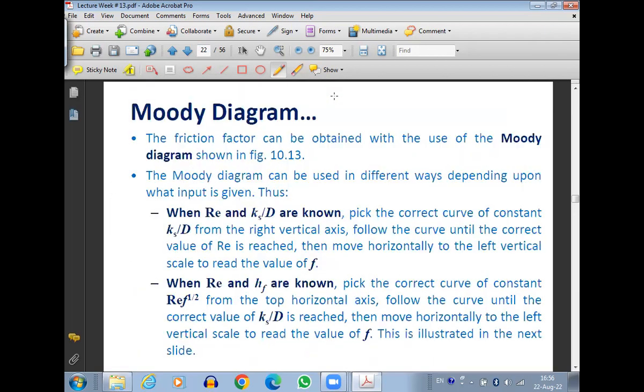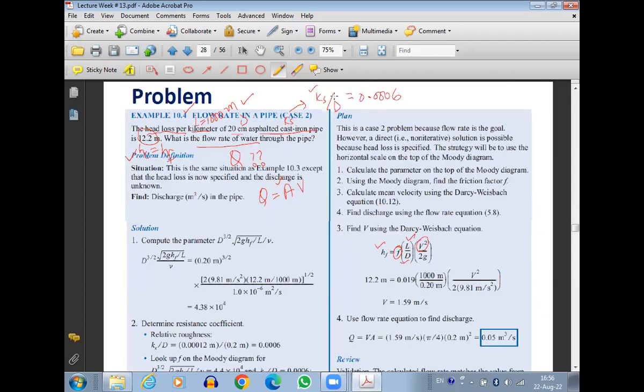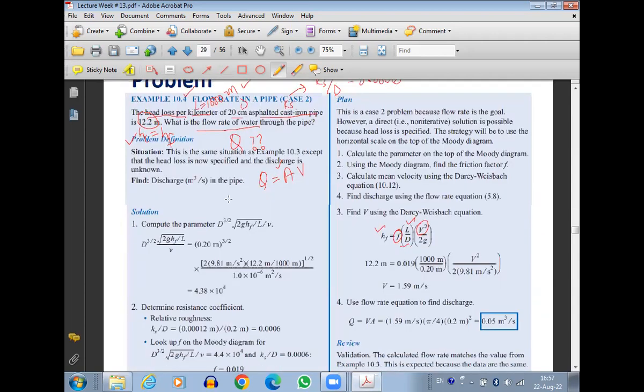So we're going to go back into the problem and substitute all these values. This is the term here. If we substitute all the values, we're going to come up with the answer that this term is 4.38 times 10 to the power 4. So now we are going to use the top x-axis.